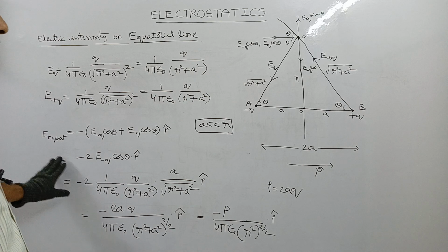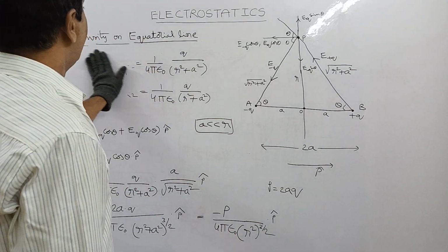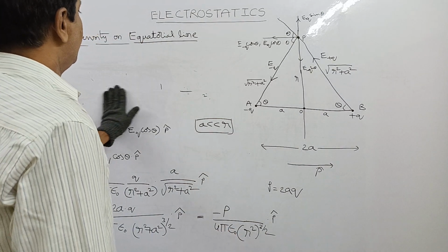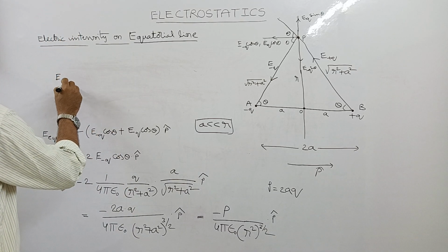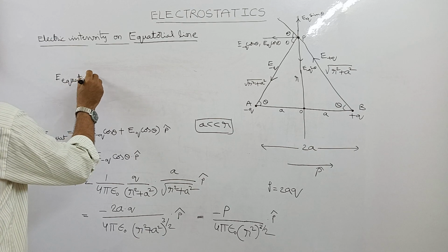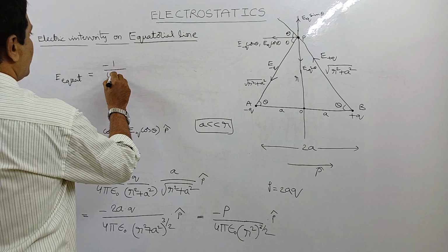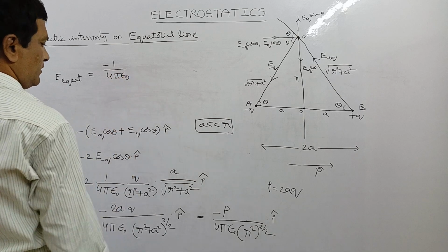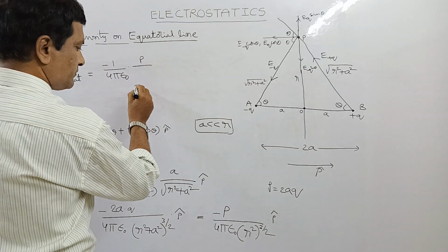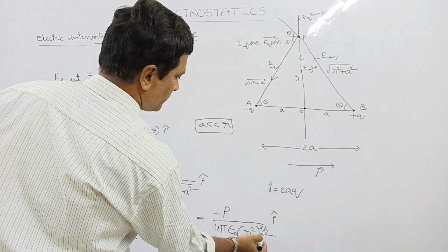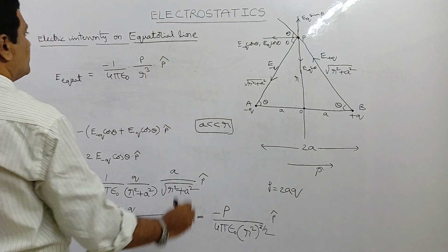So with this we can write the final formula as, see, here we got the final equation. That means we can write E equatorial is equal to minus 1 by 4 pi epsilon naught into P by, this 2 and 2 will get cancelled, R cube.